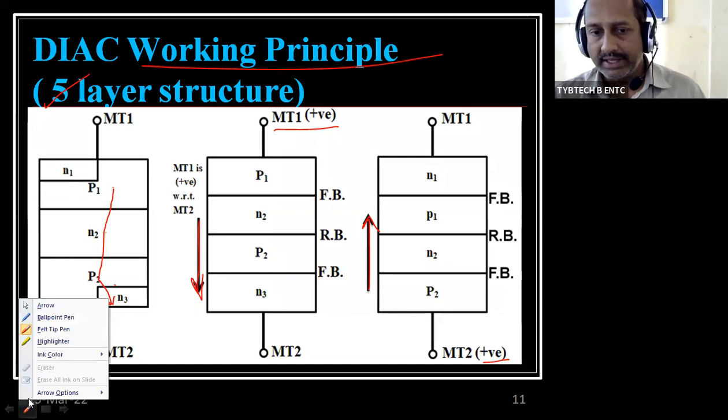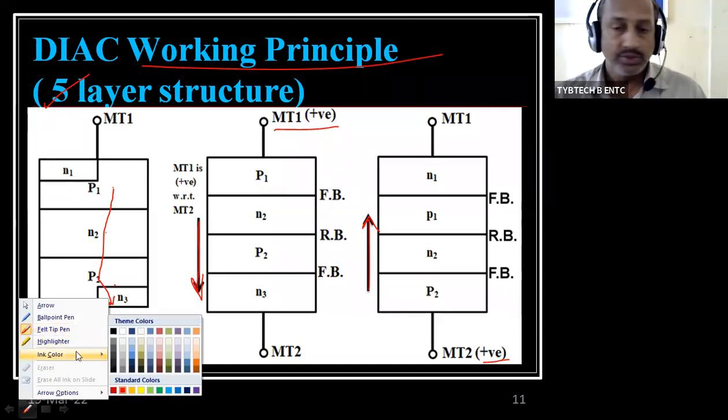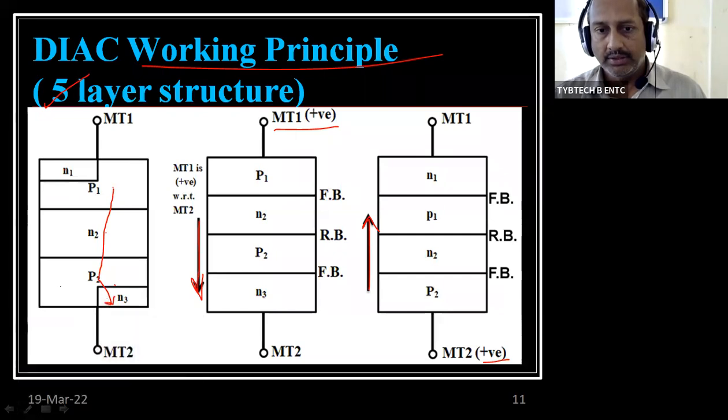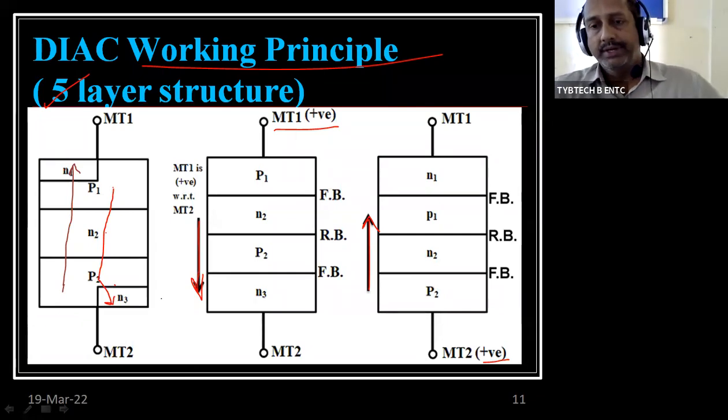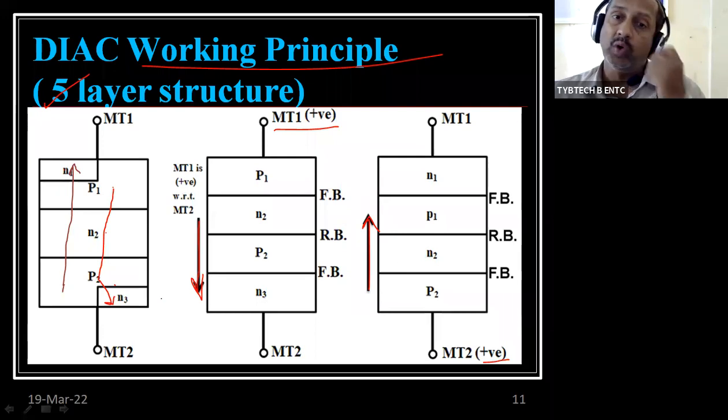In the reverse direction, when the current flows, you can observe it starts with P2, N2, P1, and N1. So only 4 layers are involved in the flow of current, whether downward or upward. Out of 5 layers, only 4 are involved.